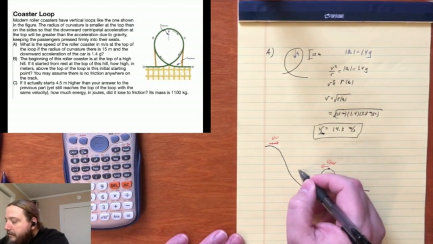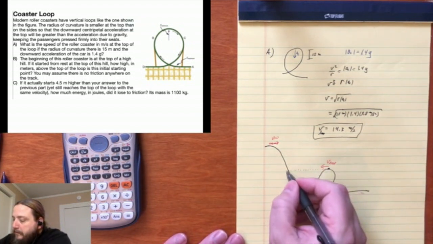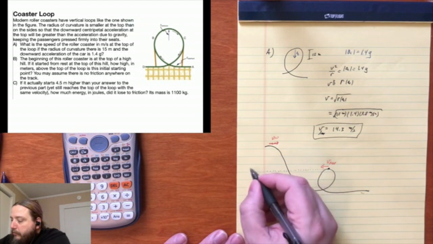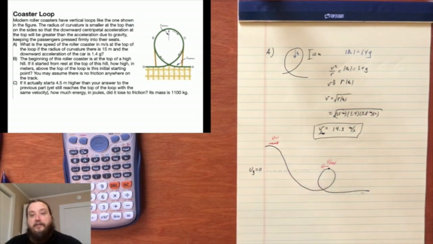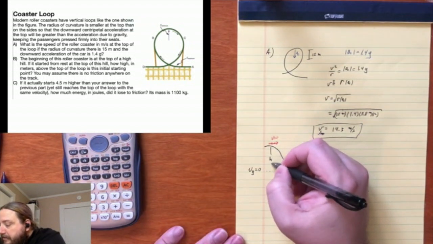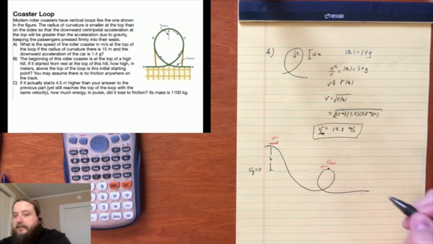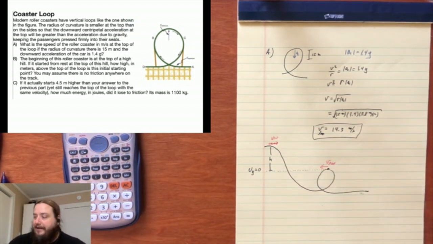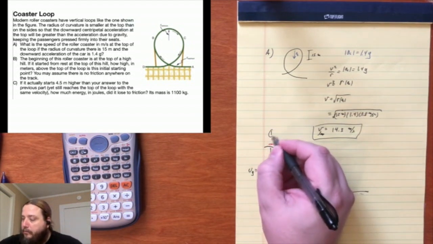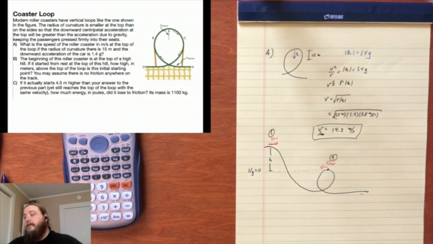decide to call the top of the loop the place where gravitational potential energy is 0. Then the height between the starting place and the top of the loop will be the height. Again, we have moment 1 at the top of the hill, and moment 2 now at the top of the loop.